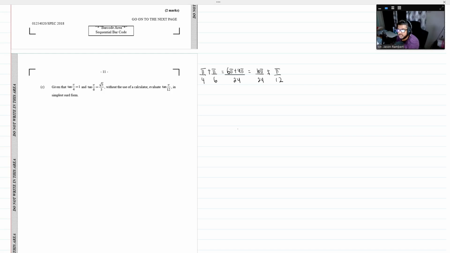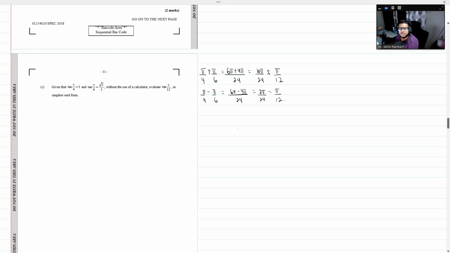So let me try to take away the two numbers now. Pi on 4 take away pi on 6. 6 pi minus 4 pi all over 24. This is 2 pi over 24. Hey, we get the pi on 12. Now, if I had tried pi on 6 minus pi on 4, I'm going to end up with minus pi on 12.